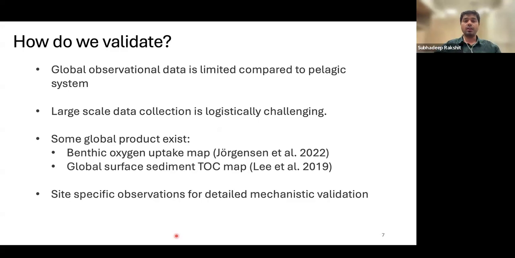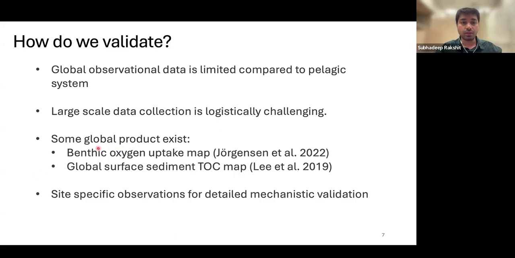So now that we have a model, the question comes: how do you really validate the model? The global observational data for the sediment is much more limited than for the pelagic systems, and large scale data collection is also a highly logistically challenging task. So that's why we have a lack of sediment observational data in the global context.